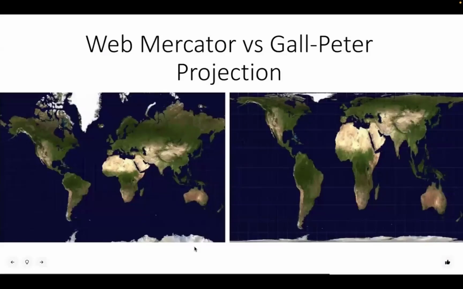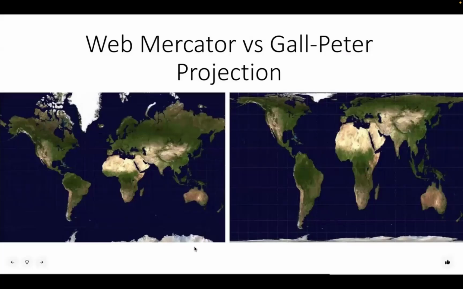In this slide, we have 2 maps. We have one made by the Web Mercator projection and one made by the Gall-Peters projection. The map on the left is one you're probably all familiar with, and this is widely used. This is what Google Maps and OpenStreetMap and Waze and kind of every software that we see uses, the Web Mercator projection.